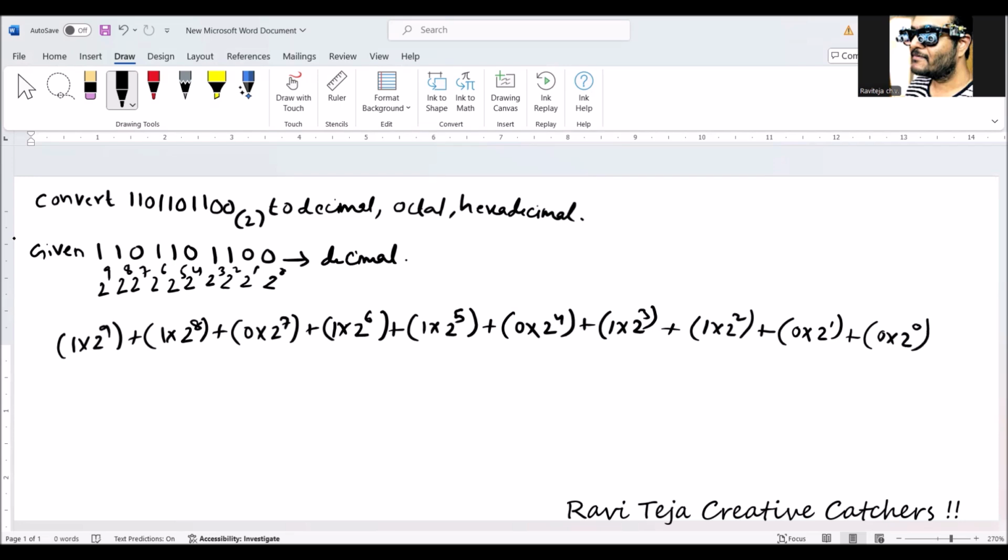This is how to represent the powers of 2 with respect to the binary number.